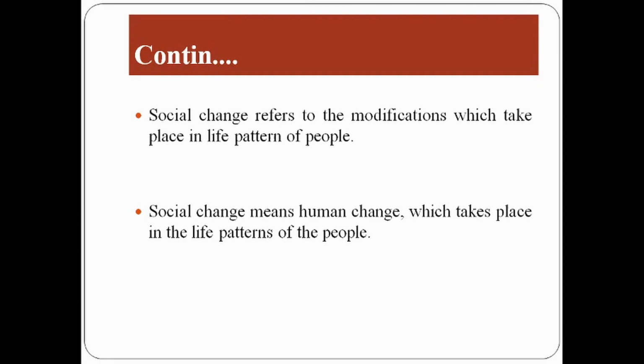And it occurs because all societies are in a constant state of disequilibrium. Social change means human change which takes place in the life pattern of people. Basically, it refers to the change in social relationships. So this is about social change.